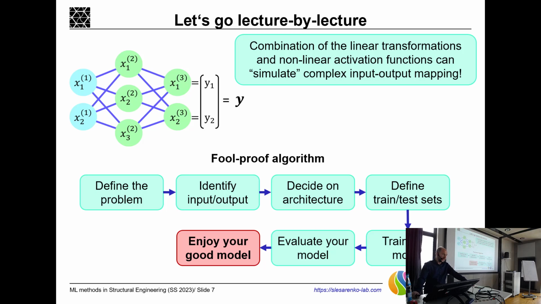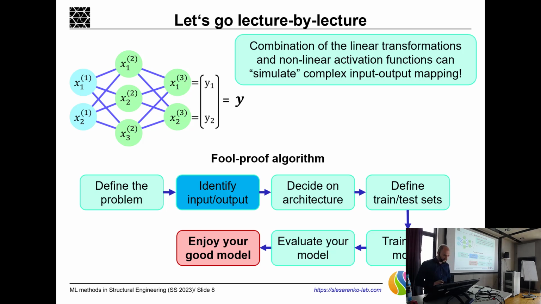So what you have and what you want to predict. You need to decide then on architecture, because depending on your data, you have a different architecture. Then define train and test sets. That we will talk about a little bit later. Train your model. We also will talk about that. Evaluate your model. And hopefully enjoy a good model. So that's our algorithm, our approach in general.